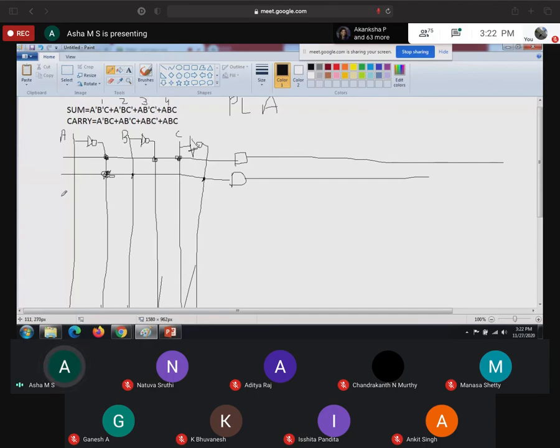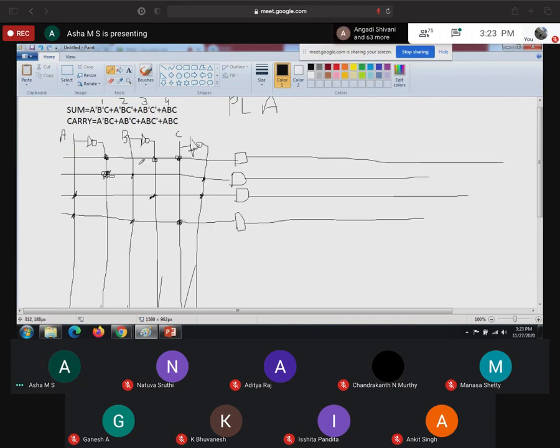Next, A, B bar, C bar. A is here, B bar is here, C bar is here. This gives the third product. The last product is ABC. A is here, B is here, C is here. My dot shape is not proper, so you guys don't write like that; put the dot properly. This gives the fourth product.